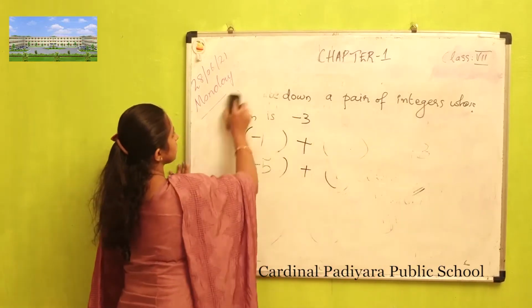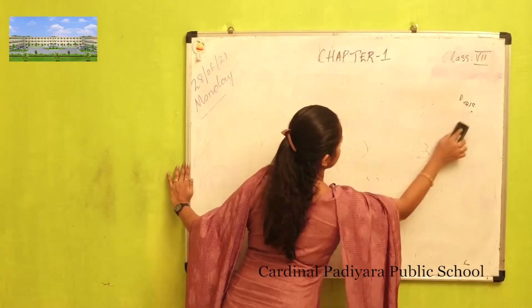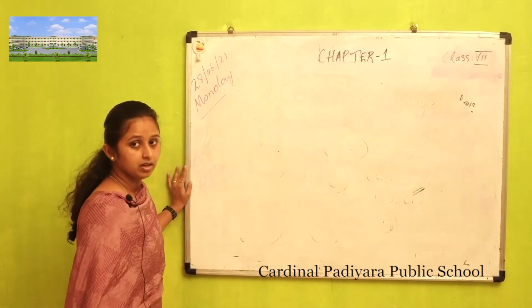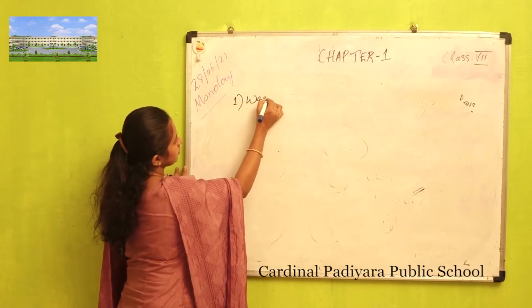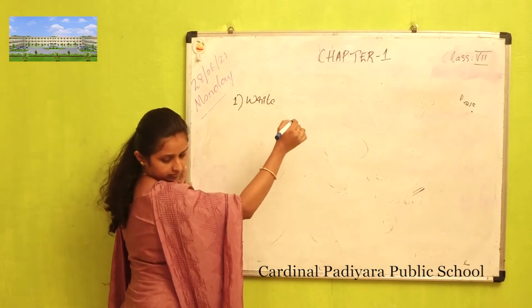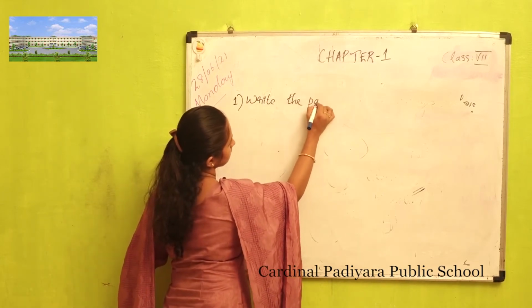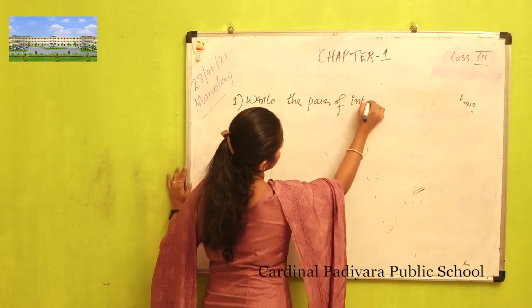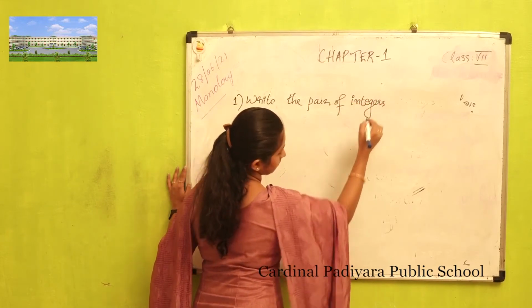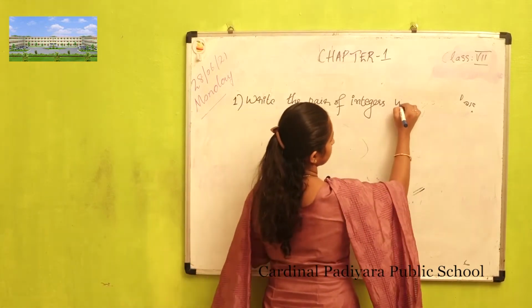Okay, now write one more question. Write the pair of integers whose sum is negative 7.